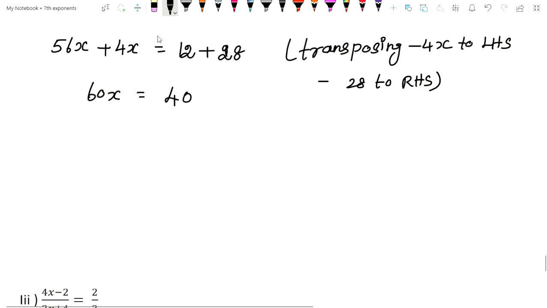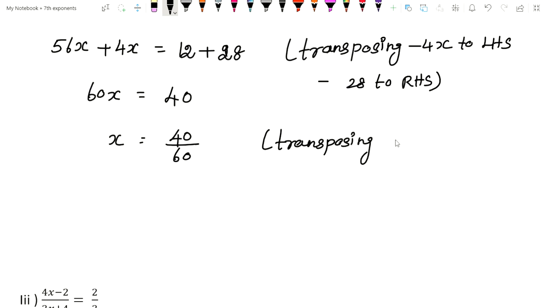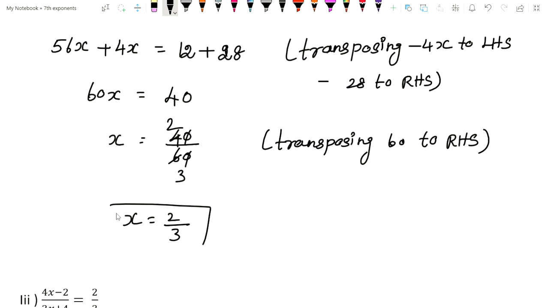Okay, so 60x equal to 40, x equal to 40 by 60. Transposing 60 to RHS. 0 0 cancel. 2 2s are 4, 2 3s are 6. So x equal to 2 by 3. What is the answer? x equal to 2 by 3.